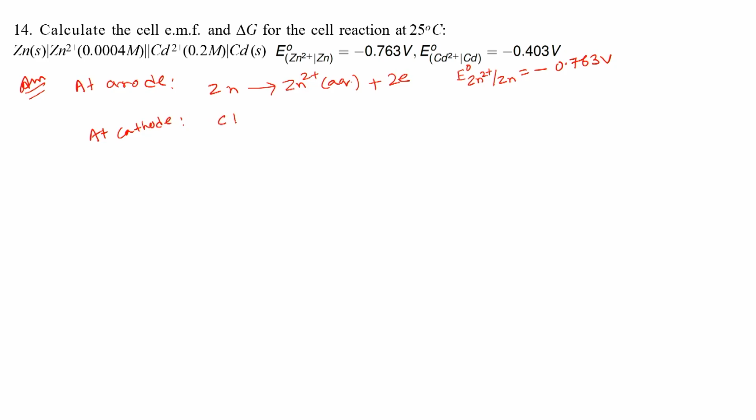So Cd2+ aqueous plus 2 electrons goes to Cd solid, and E naught value is also given here. E naught for Cd2+ to Cd is minus 0.403 volt.